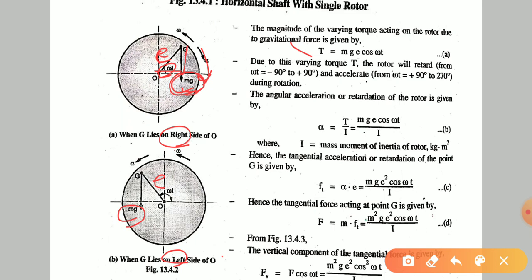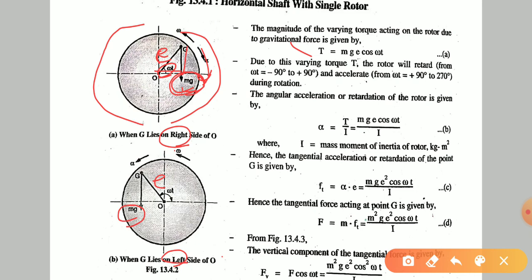So due to the variation of the torque, the rotor will retard from minus 90 to plus 90, and accelerate from plus 90 to 270, which means from this point to this point it will retard, and from this point to this point it will accelerate.